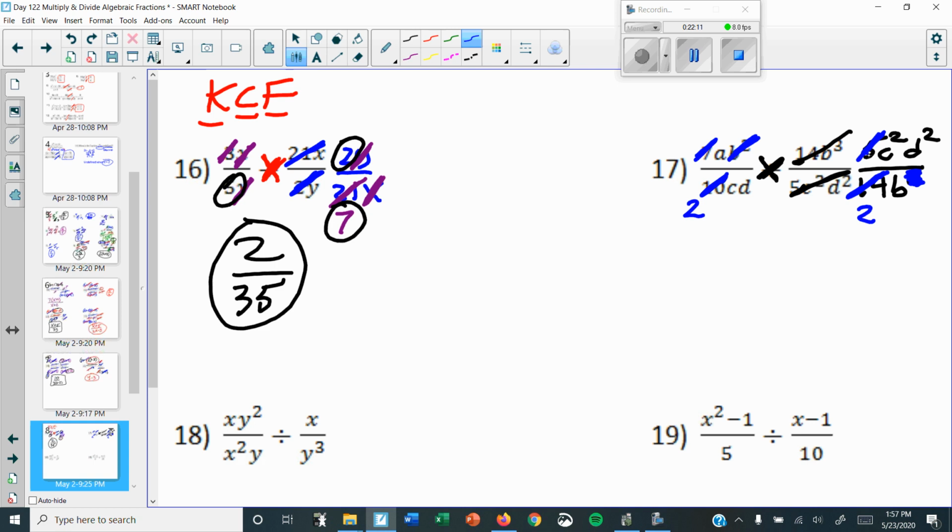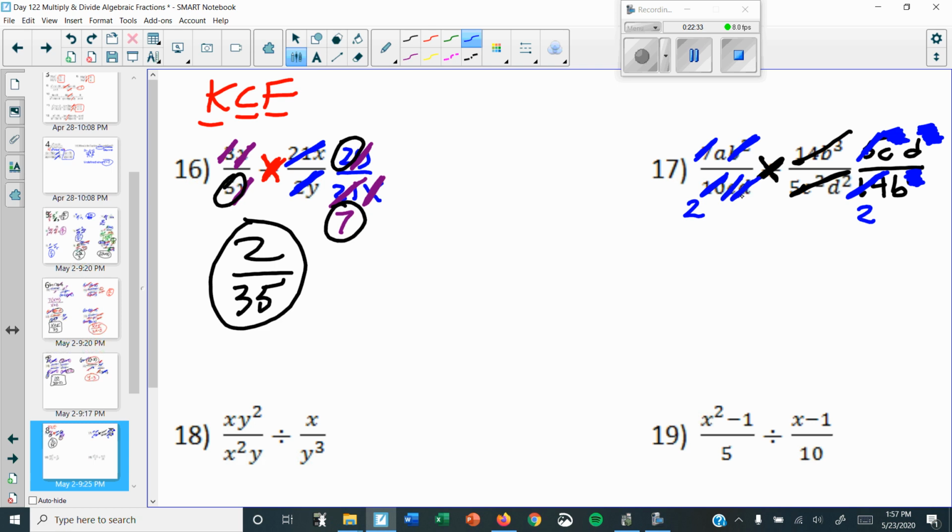That goes away. The c's, there's 1 c on the bottom, there's 2 c's on top. So this 1 c, goodbye, and this 2 c's only become 1 c now. Same thing with the d's. There was 1 d on the bottom, 2 on top. So this becomes 1 d, and that disappears.